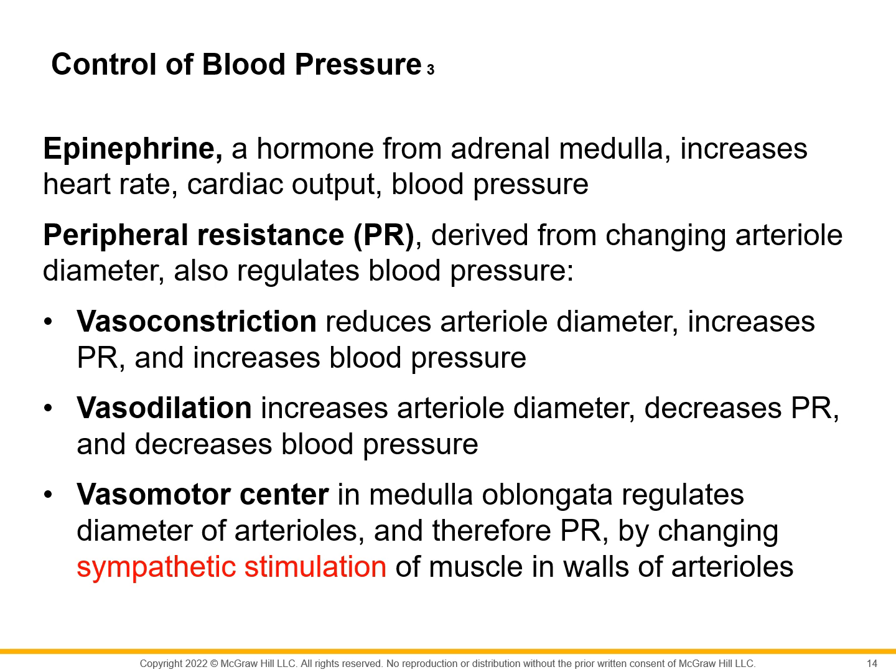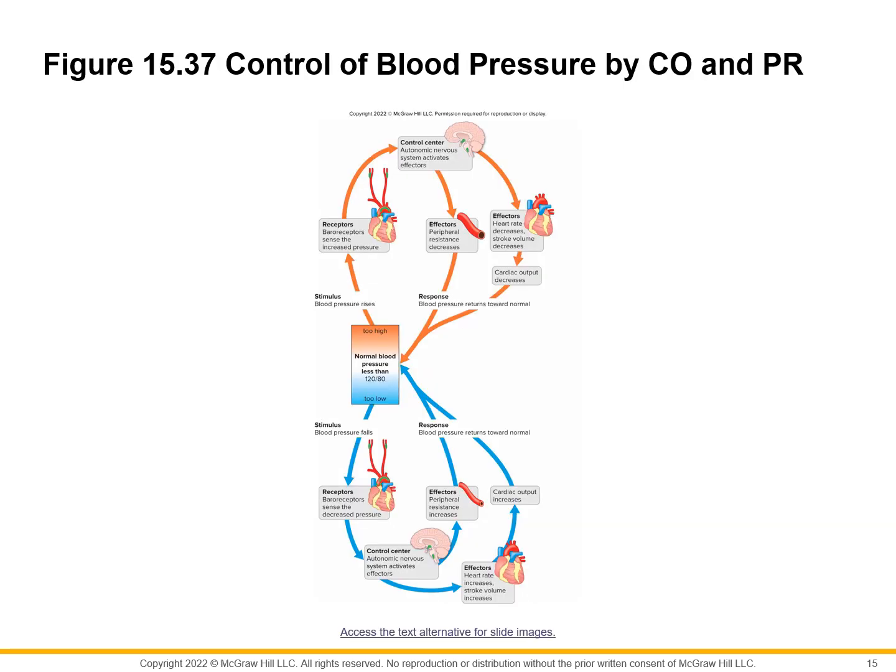And we said that we have the center, which is found in the medulla oblongata, and it regulates the diameter of arterioles. If you look at this picture, maybe it is not clear, but you can look at it in your book. Whenever we have elevated blood pressure, this is going to be detected by the baroreceptors in the aortic arch and the carotid sinus.